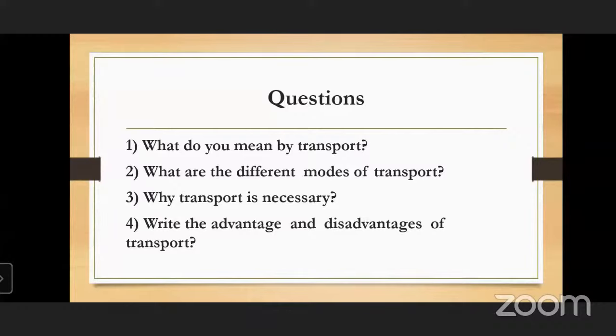We don't want to throw garbage on the road. That is the solution we have seen regarding disadvantage. Disadvantage means we may get stuck in traffic jams. So instead of road transport, we are using rail transport, so we can reach easily in less time.